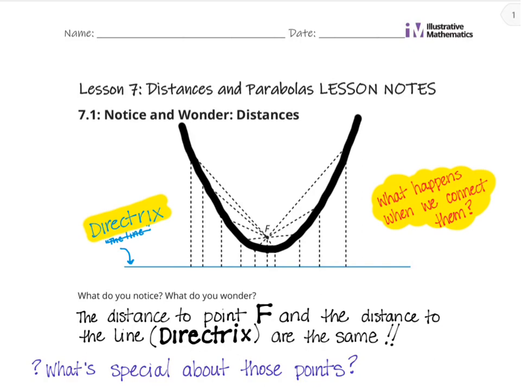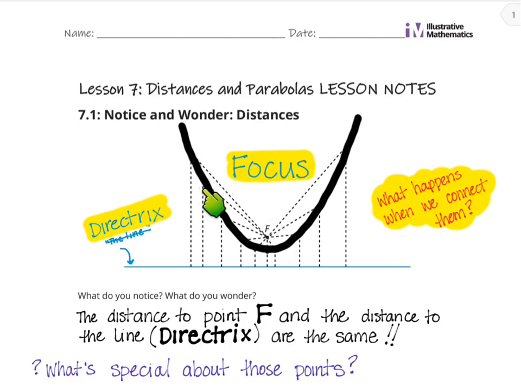And in fact, what we just discovered, or what we just did through our noticing and wondering, is the definition of a parabola. And I'm sorry, we need to give this point F a name, instead of just saying point F all the time. The name of that point is focus. So please write that down as well. So we've got this line that we call the directrix, and we have this point called the focus.